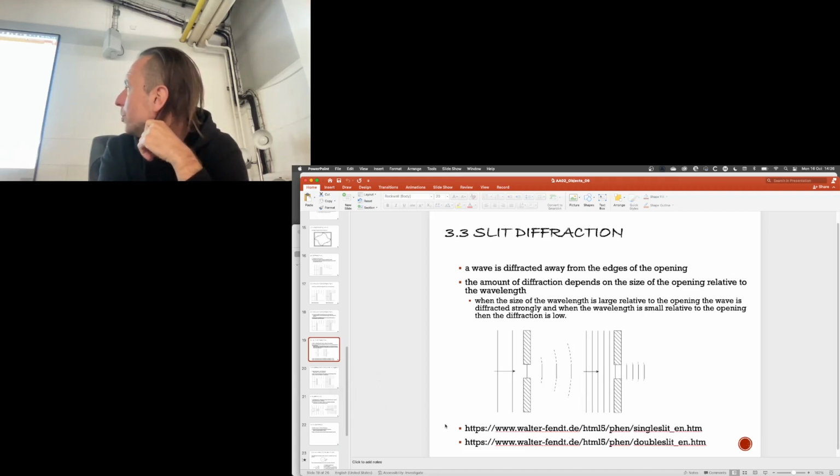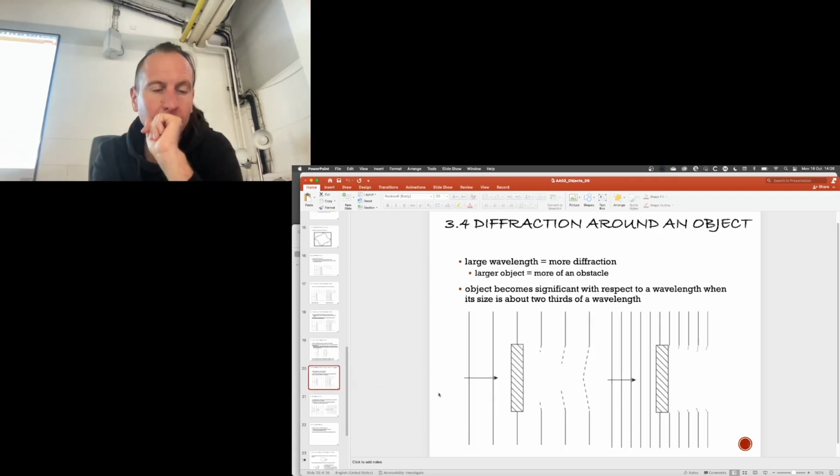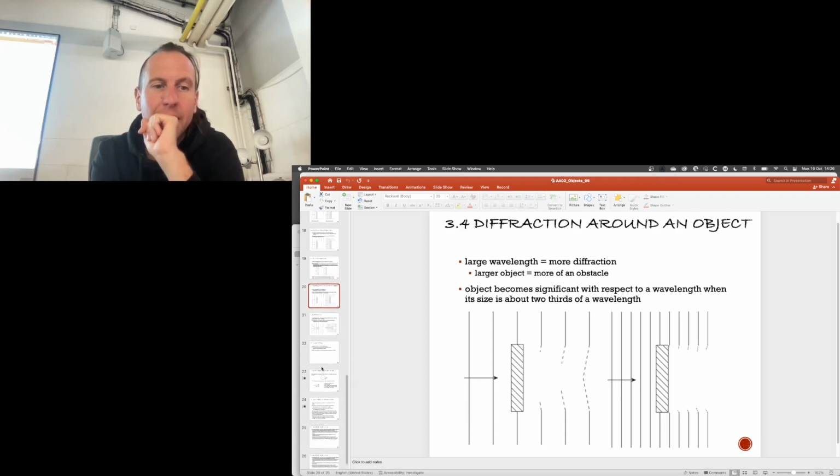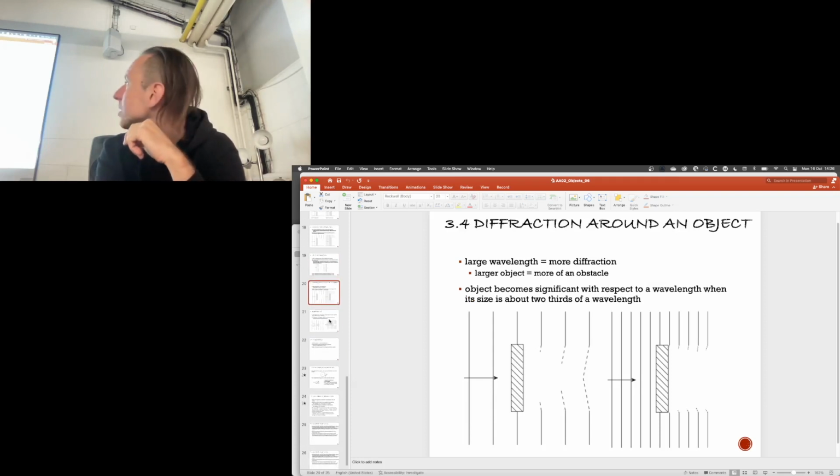I won't go deeper into this. You have these animations there for you to observe. Okay, so just as we had slit diffraction, we have diffraction around objects. And this is where you see that if the frequency is really low in relation to the size, then it's almost as if it wasn't there.